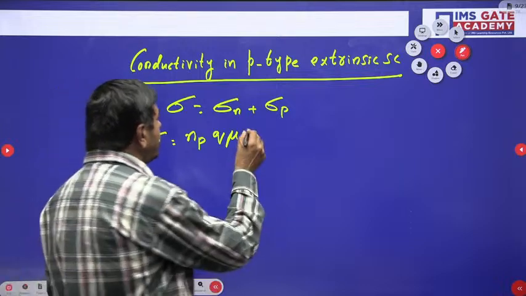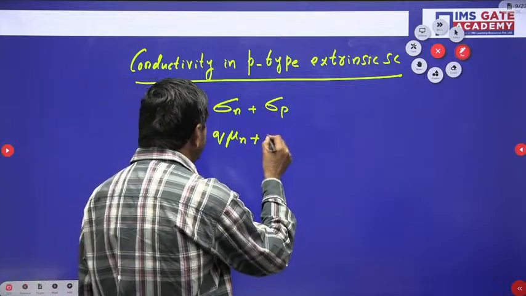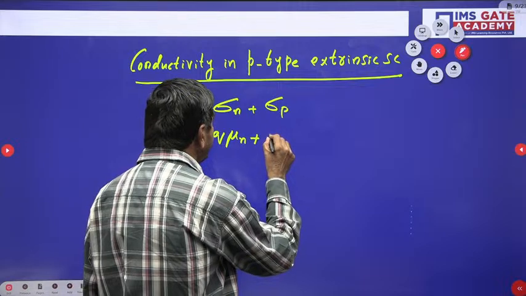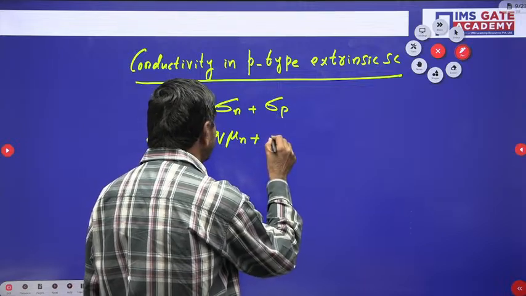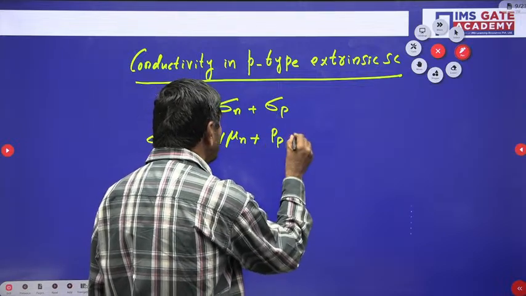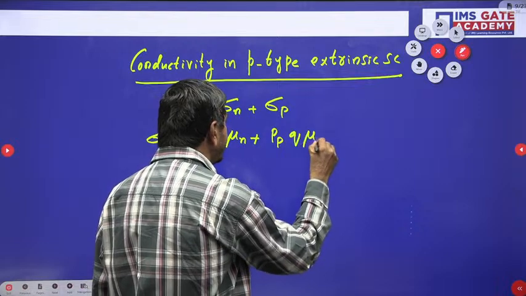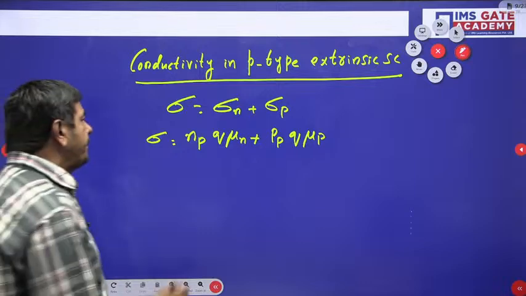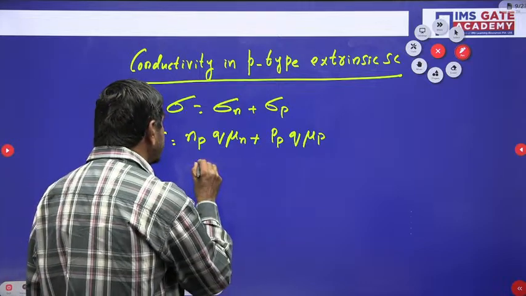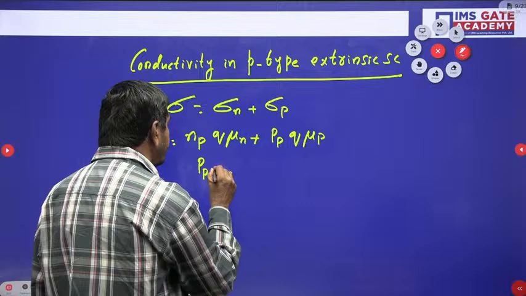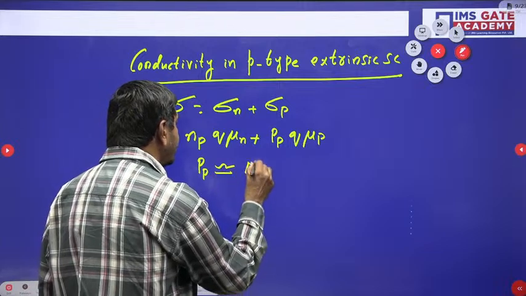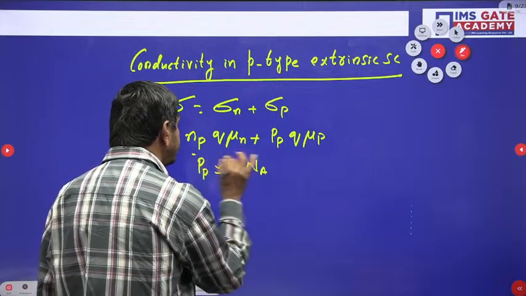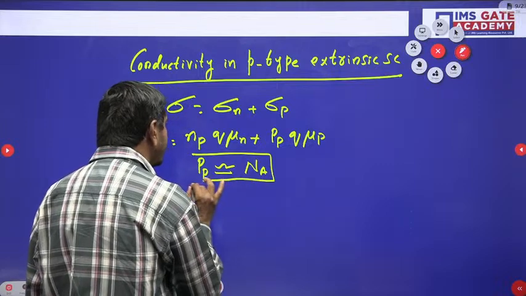The concentration of the holes, p suffix p, into Q into mu p. The concentration of the holes is approximately equal to Na only.